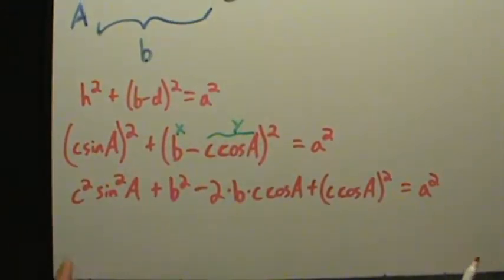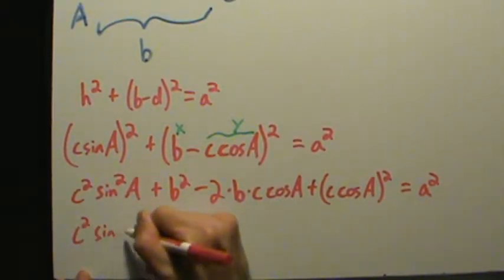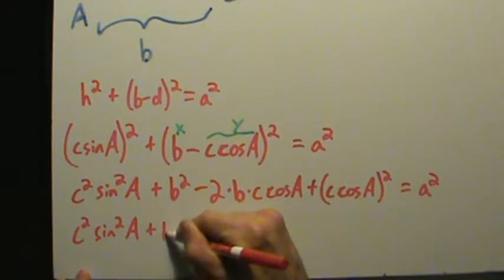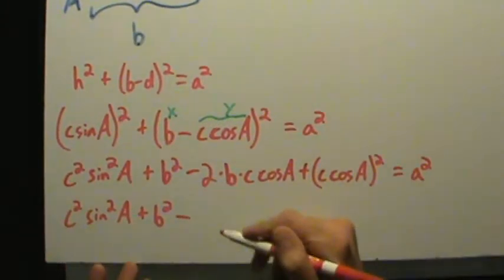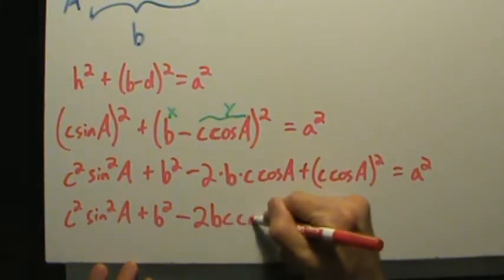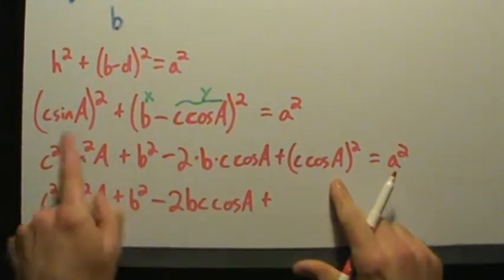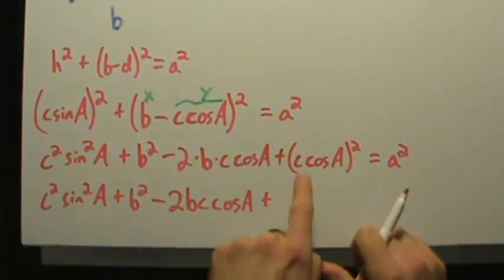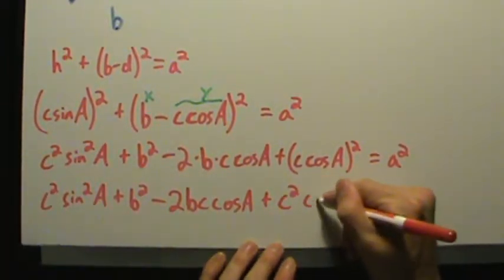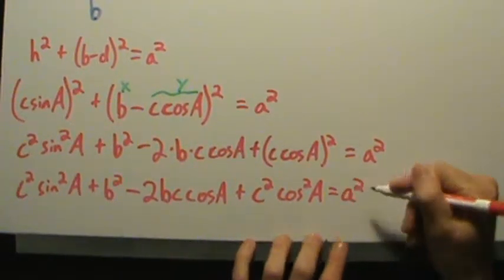Now, let's go ahead and simplify a little more. So this is c squared sine squared A plus b squared minus 2bc cosine A plus, so then this, just like this became this over here, this is going to become c squared cosine squared of A. And then we have equals A squared.